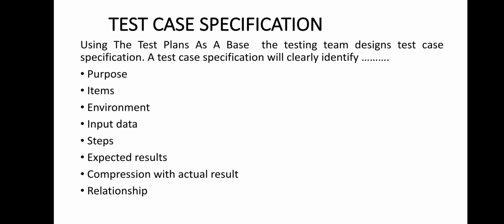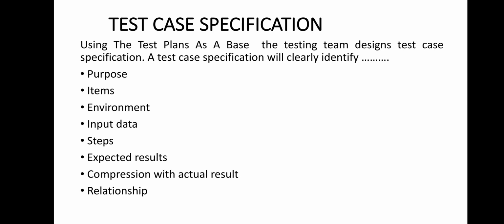And next, when we get the actual results, we have to compare the actual results with the expected results. And if there are some differences, then we have to work accordingly. Finally, we have to set a relationship between the test and other tests. This can be in the form of dependencies among the tests or the possibility of reuse across the tests. So this is about test case specification.